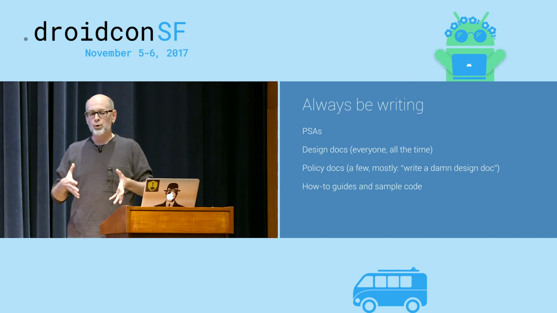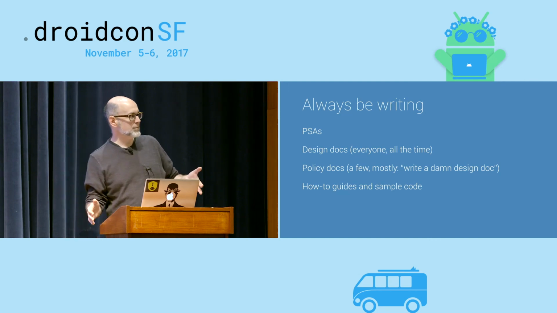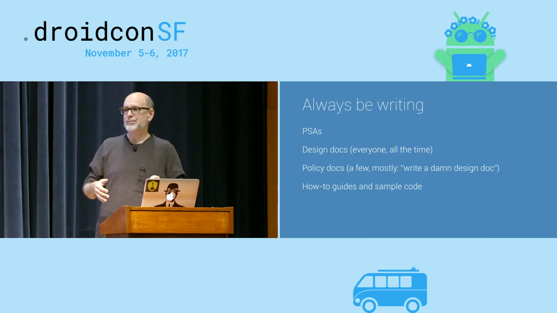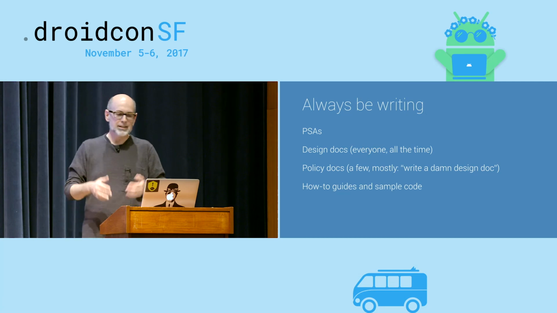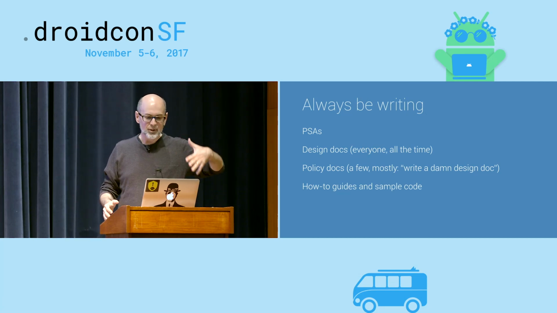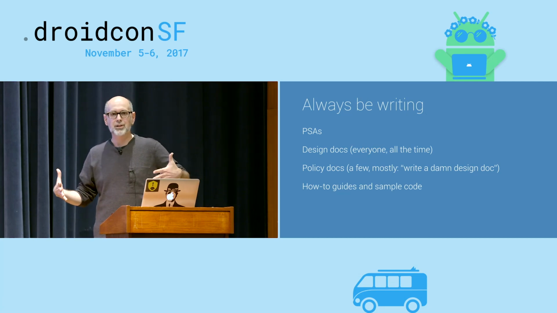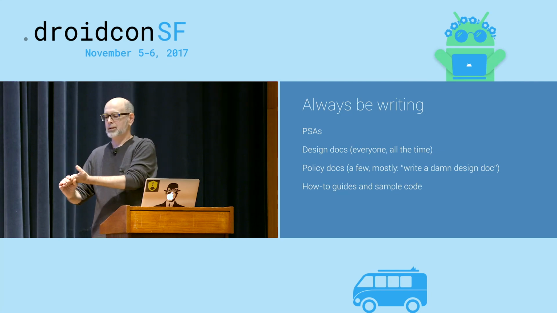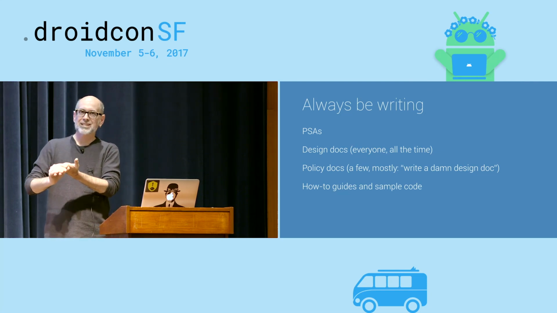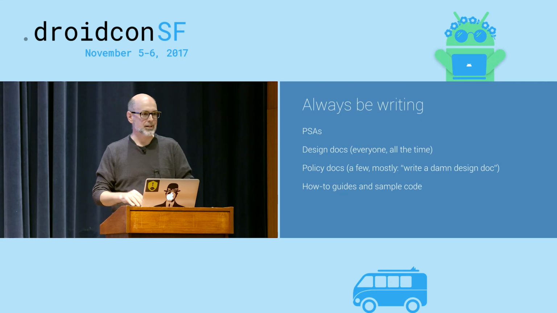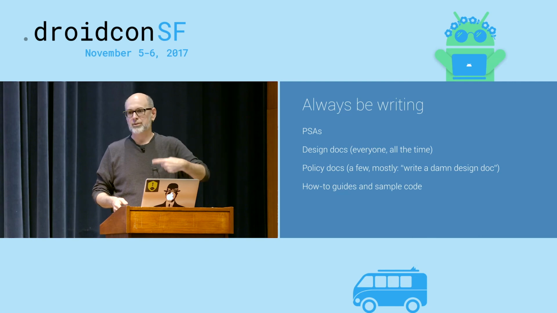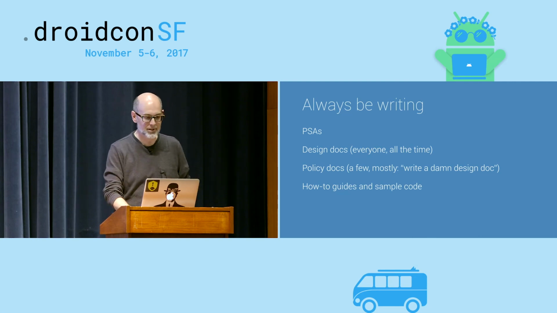We've grown to the point where we have a handful of policy documents, which mostly come down to, God damn it, write a design doc before you build a new feature. And if you're going to be asking everybody to be doing all of this design doc stuff, you've got to make design docking a really painless activity. It's not hard to have a small template, encourage a culture that says, yes, I'll read that really quickly and here's some quick feedback. Google Docs is astounding for this kind of stuff.